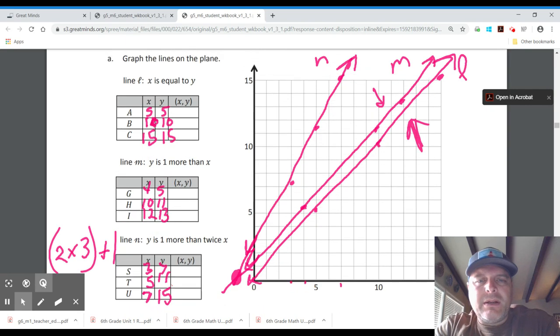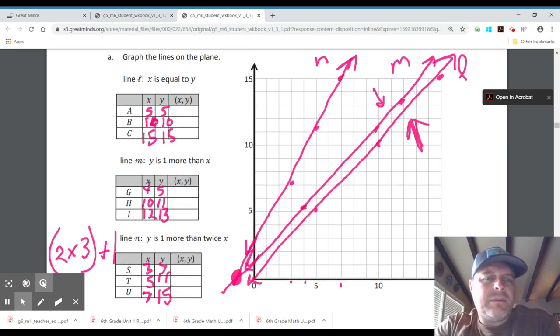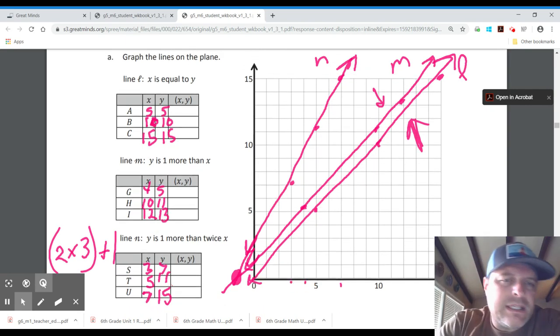Okay. All right. So as long as you're adding to the x, you can have a parallel line. If you multiply, you will not get a parallel line if you're multiplying the x. So anytime you add, you can even subtract from y to get a parallel line as well.